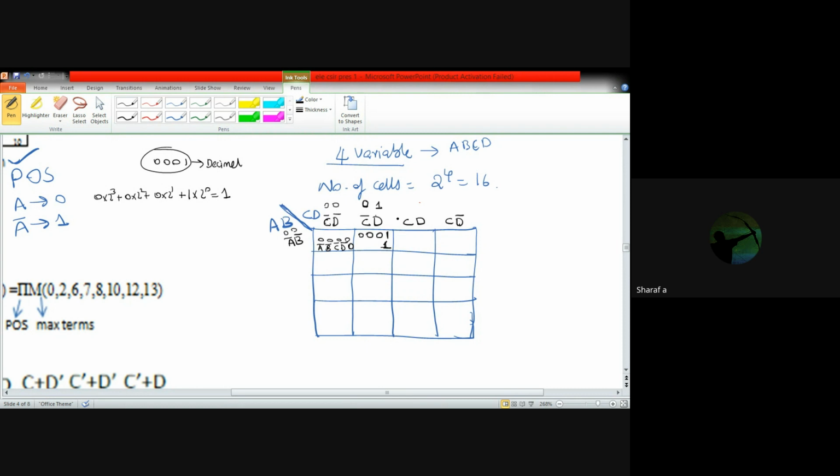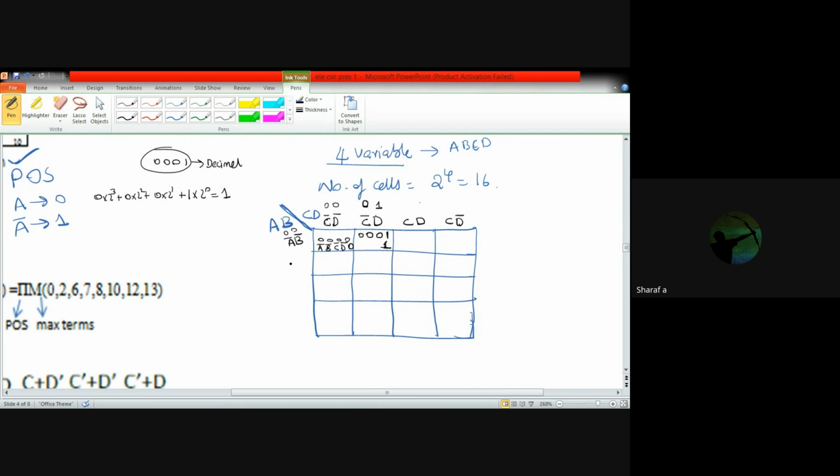So two-variable change is not possible when you consider adjacent cells. Because of that, after C bar D, CD will come. Then CD bar: C is same, D is changing to D bar.